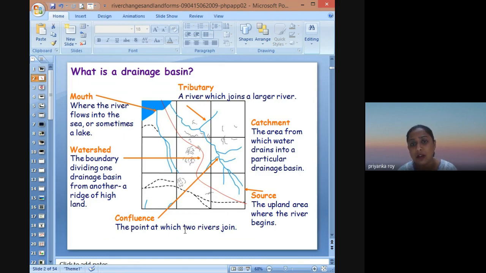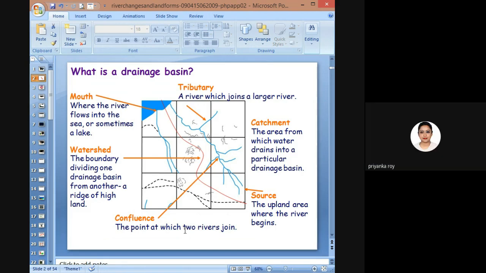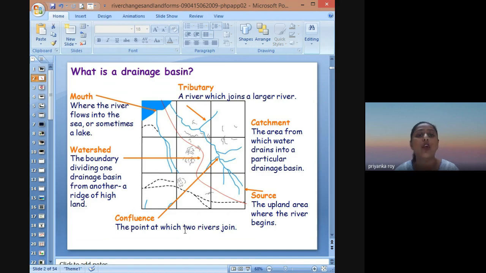The catchment area is where water drains into a particular drainage basin, and the source basically has small ephemeral streams or channels of water which join with the tributaries. It can be glacier fed, or it can be seasonal, rain fed channels. A confluence is a place where these tributaries join the main river system.